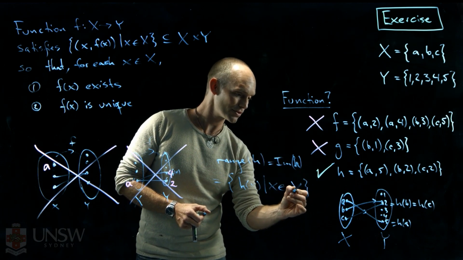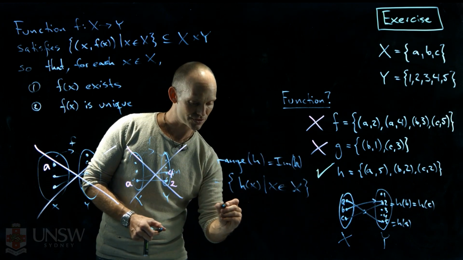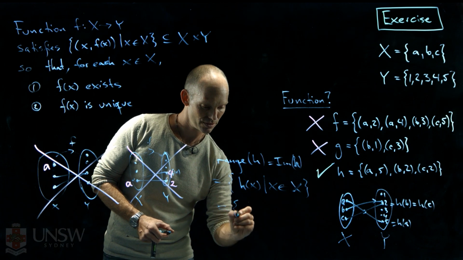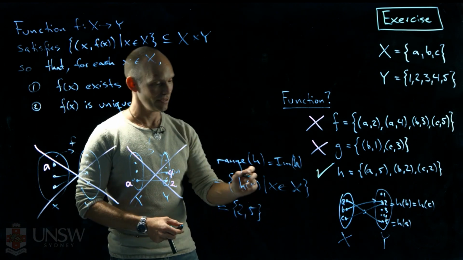In this particular case, what is that? That's equal to 2 and 5. They are the two different function values that we have here. So 2 and 5.